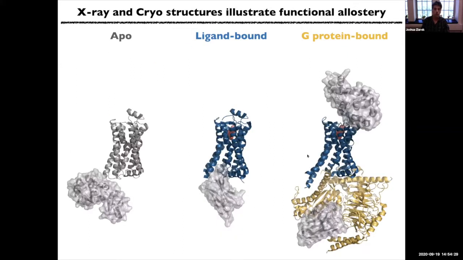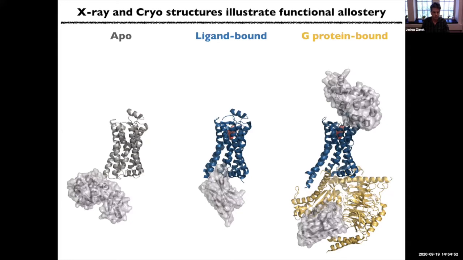But then moving forward in time, once cryo-EM and structural biology, X-ray crystallography caught up with the pharmacologists, they really underscored this idea of functional allostery, which wasn't much of a surprise. If you solve the structure of the receptor in the inactive state, it looks like this. If you bind a ligand at the orthosteric pocket, you see some subtle structural rearrangements.